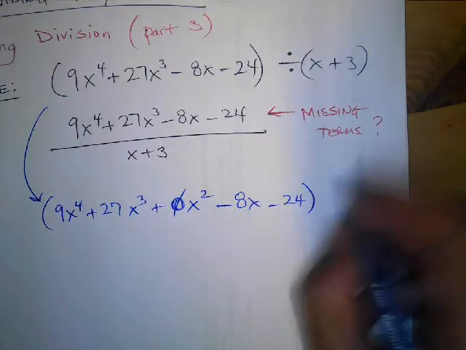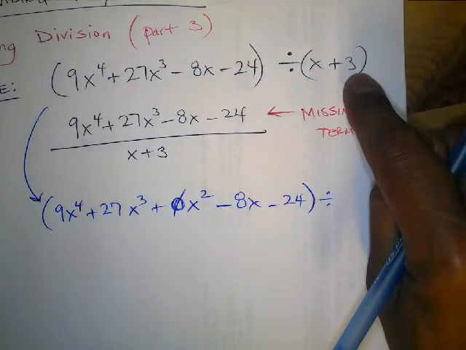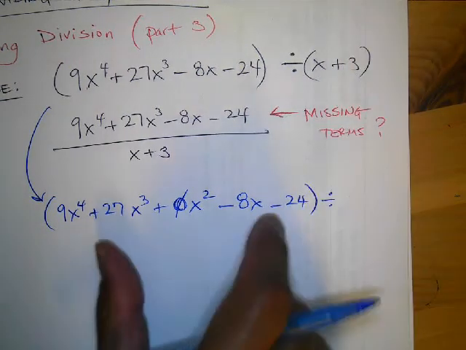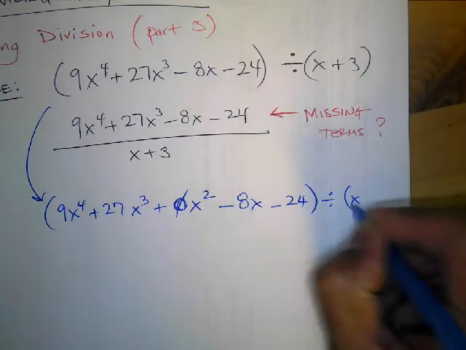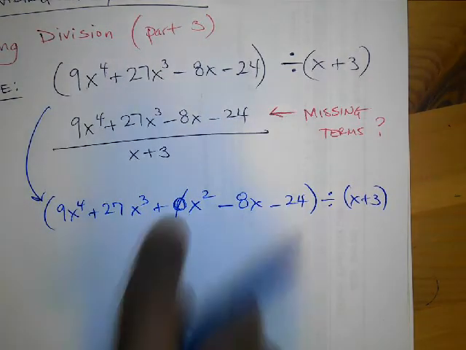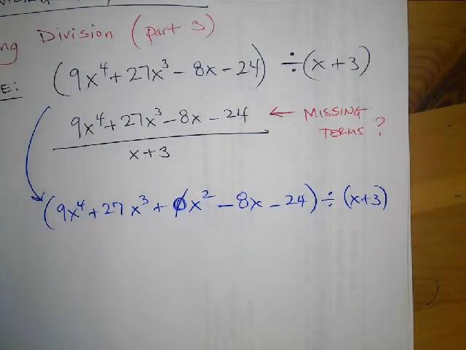And then this, we're going to divide it by what? Now it's okay if this one has any missing terms, but the one that you're dividing into cannot have any missing terms. Okay, so this is going to be the new thing that you're going to see. Everything else will be the same.